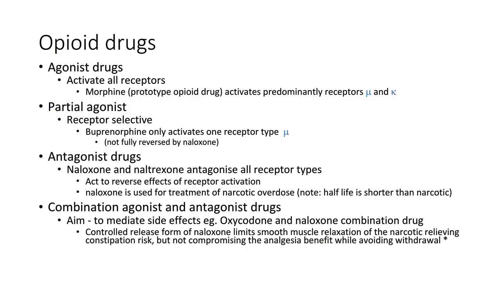So they include in the combination drug slow release naloxone, and that limits the effect on smooth muscle relaxation without affecting the analgesic effect. And so that combination of drugs is being seen more and more often used with patients who need to take the opioid drugs on a regular basis.